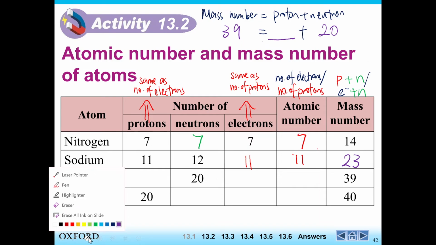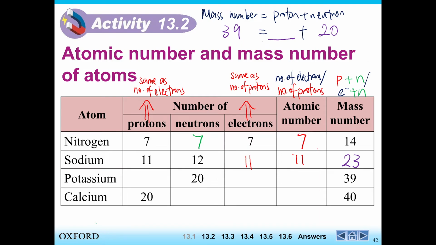You can do the math: 39 minus 20 is 19. So the number of protons here is 19. And because the number of protons is the same as the number of electrons, that is also 19. It'll be the same for the atomic number because atomic number is the same as the number of electrons or protons.